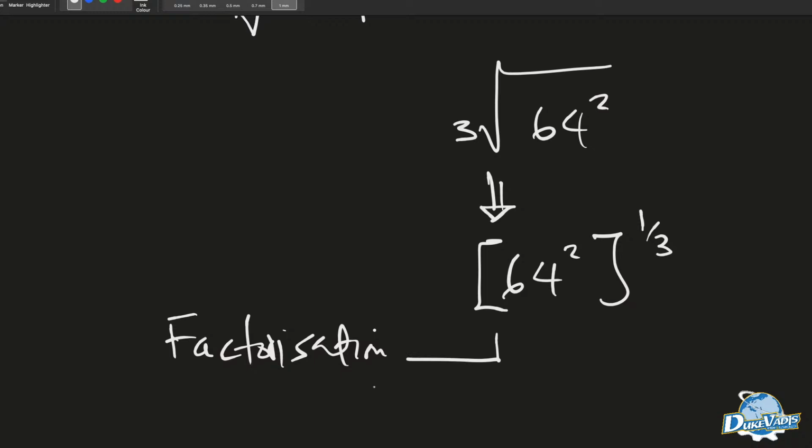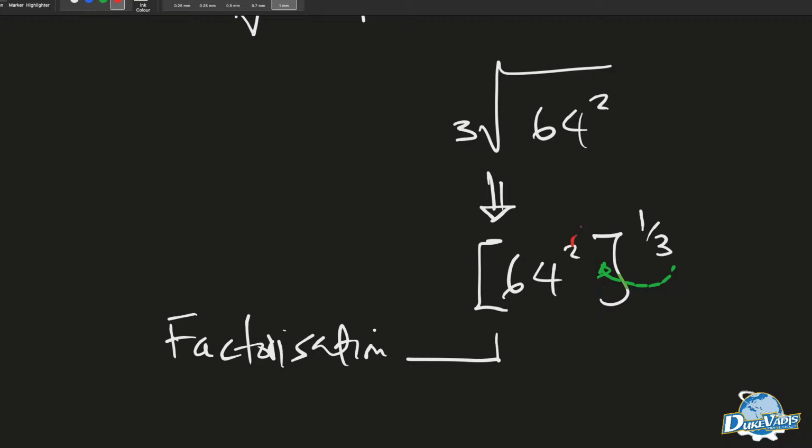Just bear in mind that I have a 1/3 sitting outside this square bracket. So I'm going to push the 1/3 in here, then bring the 2 out. As I said, I'm bringing the 1/3 into the bracket and moving the 2, which is the square of the 64, out.